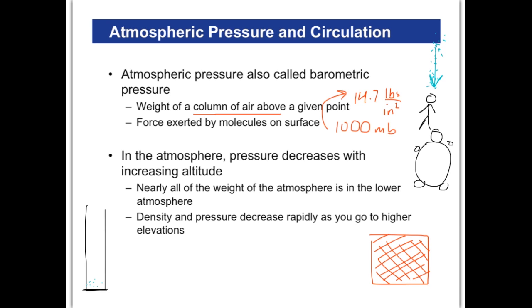But as you go up, there's less pressure above, so the molecules are less squeezed together. As we go up, there's even less and less pressure. So most of the density of the atmosphere is at the very bottom, because that's where it's squeezed the most. So pressure gets less and density gets less as you go up through the atmosphere. Take a look at this next diagram. It may help you.